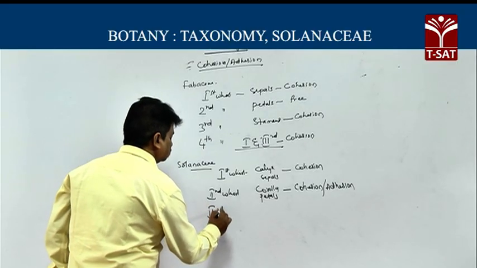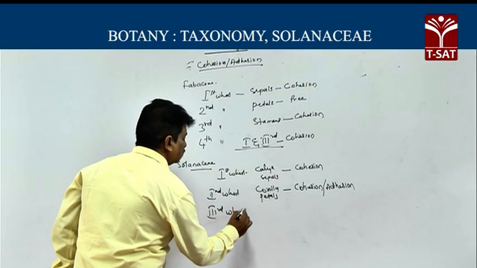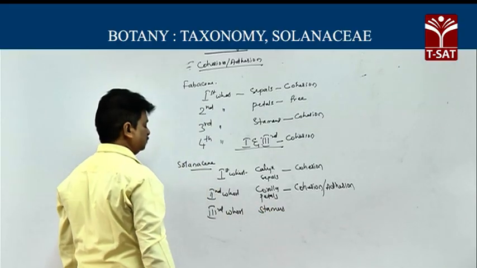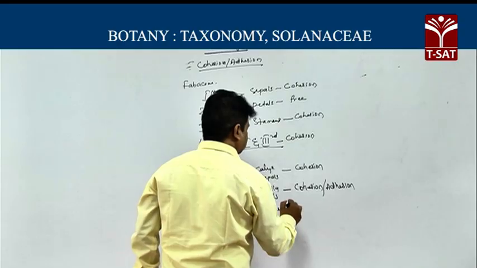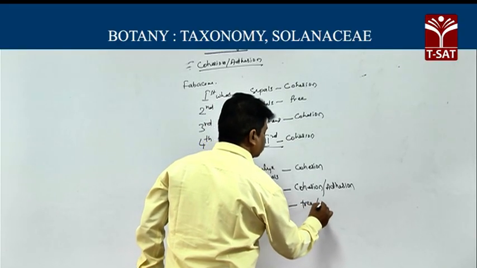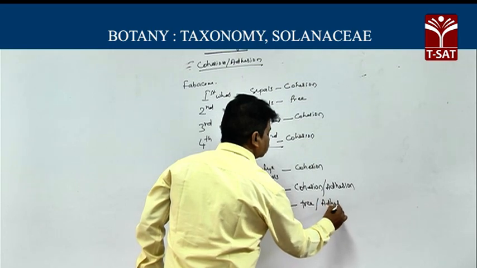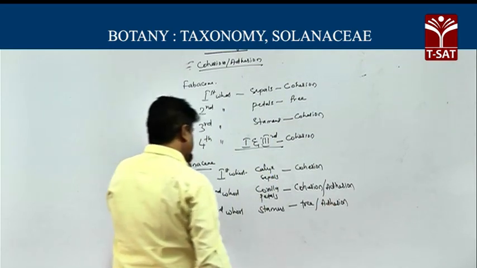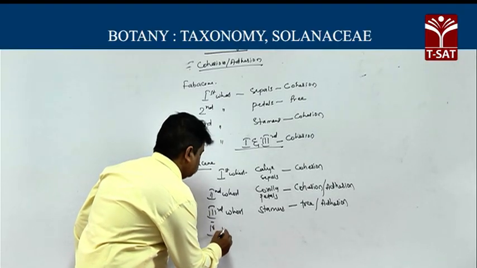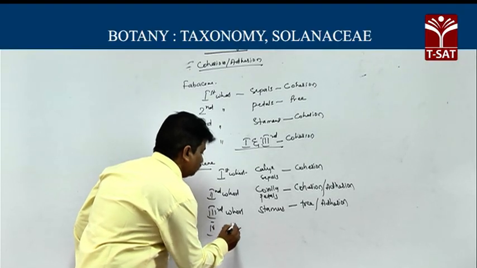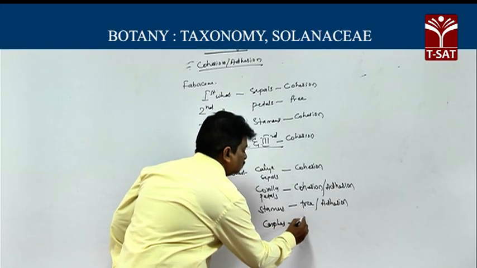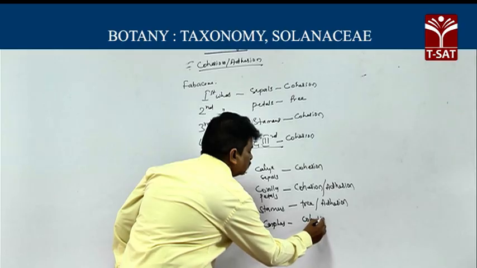Third whorl androecium means stamens. Stamens free, no cohesion, but they fuse with petals. So stamens adhesion. Fourth whorl in Solanaceae, fourth whorl means carpels. Carpels two fused means cohesion.